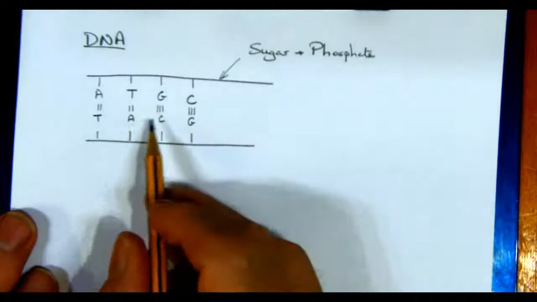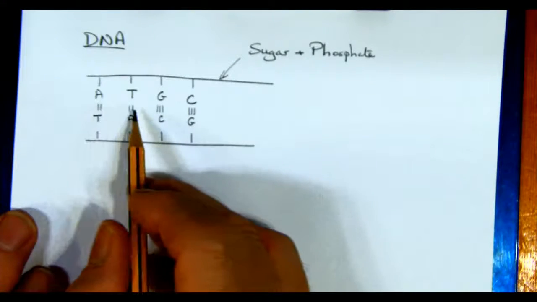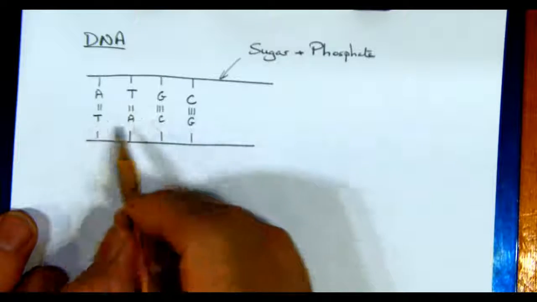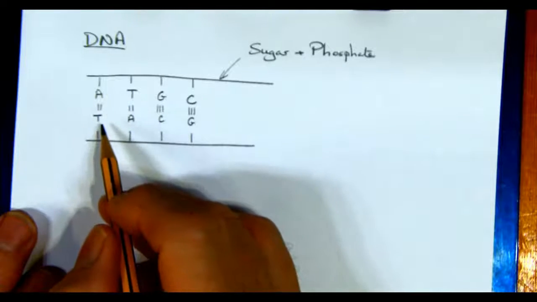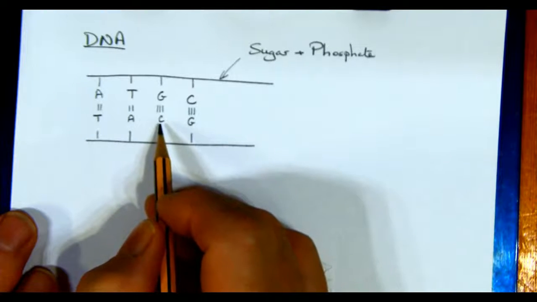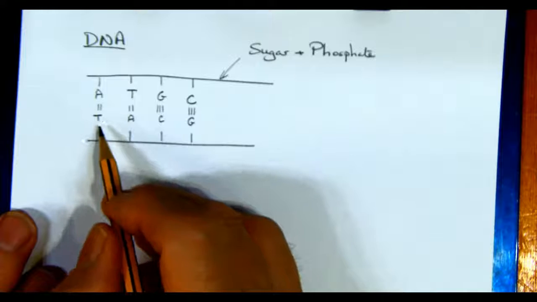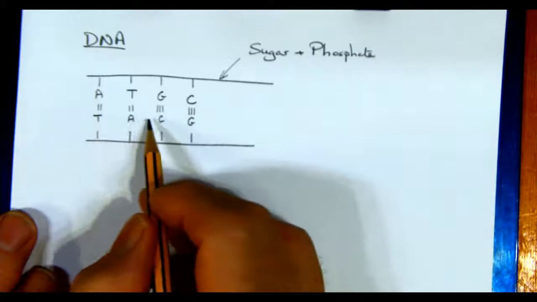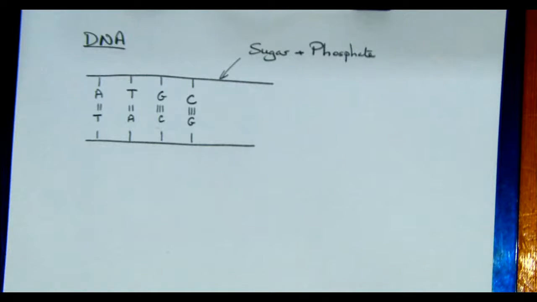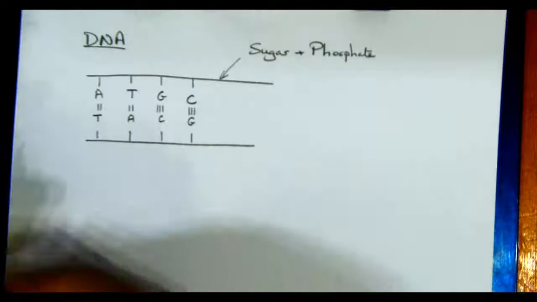Now I've tried to make a little difference here, showing there are 2 bonds with these and 3 bonds with those. And that's in fact why the A can only bond with T and G can only bond with C, because it's the number of bonds, and it's how the bases actually fit together. And I can give you an idea about that, having a look at perhaps a couple of these bases.